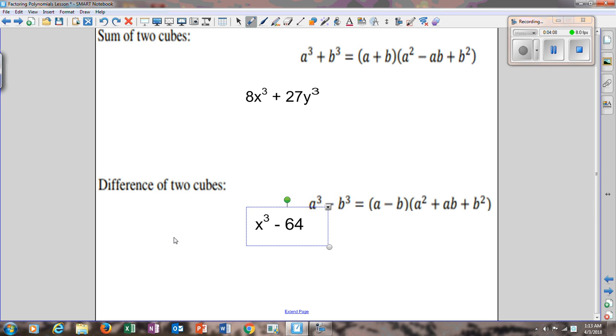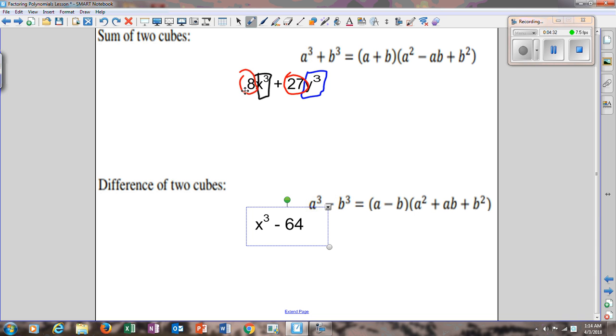Then you have sum of 2 cubes. For sum of 2 cubes, again, you have to check and see, are we looking at cubed terms? That's an x cubed and a y cubed. So your variables are cubed. What about the coefficients? 8 and 27.